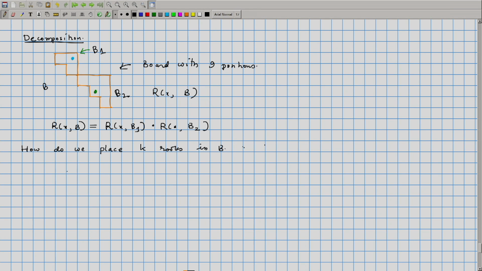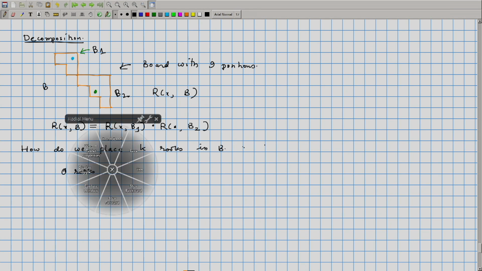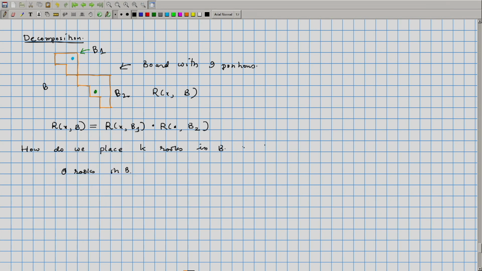Okay. So, we could think of it as 0 rooks in B1 and k in B2, or 1 in B1 and k minus 1 in B2, 2 in B1 and k minus 2 in B2, all the way up to k in B1 and 0 in B2. Okay. And all of these arrangements are going to be different arrangements because they have different numbers of rooks in B1 and B2.